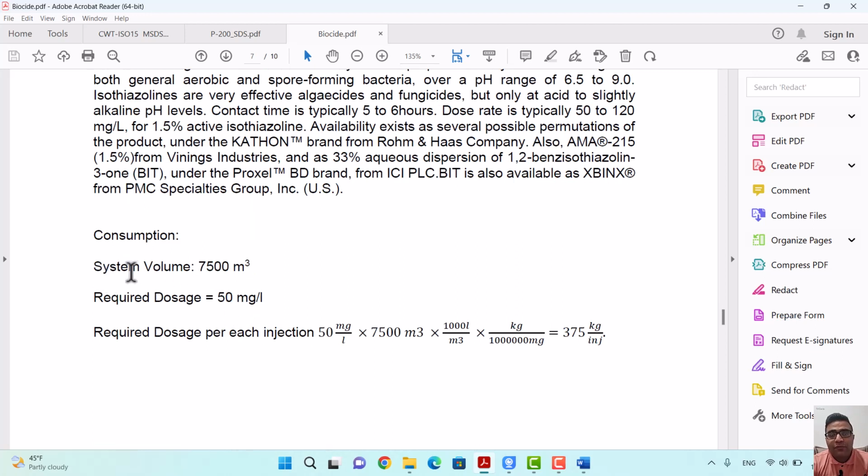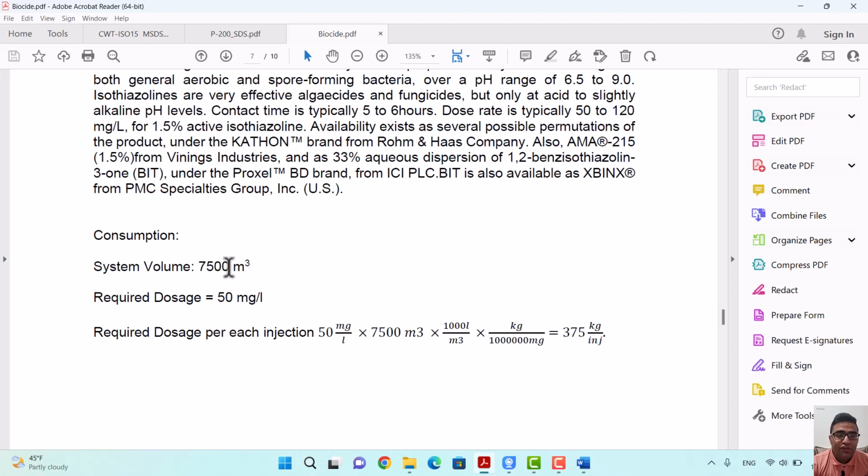For my system, the system volume is 7,500 cubic meters. For your system, it might be 5,000. You should check the documents of your system and sum up the volume for the basin of your cooling water system plus the cooling water which is in the piping, the volume of those pipes which contain cooling water, plus the volume of the basin.